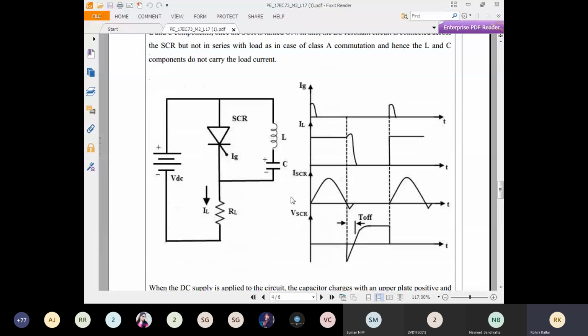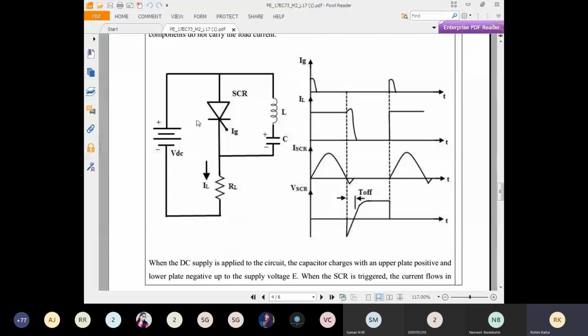In this class B commutation, you again have the commutating components, that is L and C. You can see that there are two concepts actually: when the device is on and when the device is off.